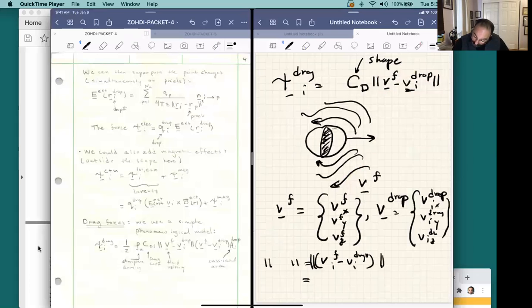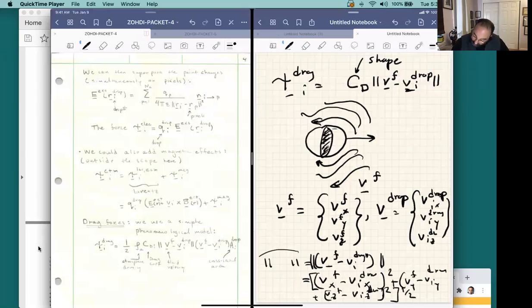The norm is going to be equal to V of the fluid, x, minus V of the drop, x, squared, plus V of y of the fluid minus V of I of the drop, y, plus V of z of the fluid minus V of I z of the drop, again squared, and then all of this under a square root.